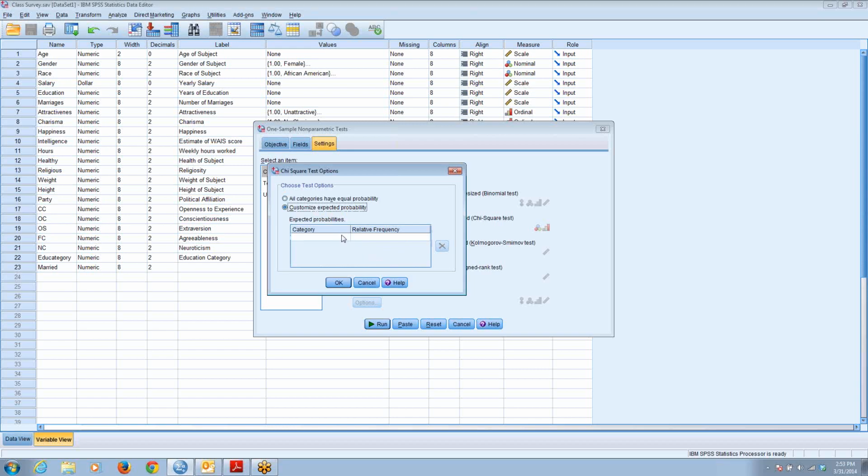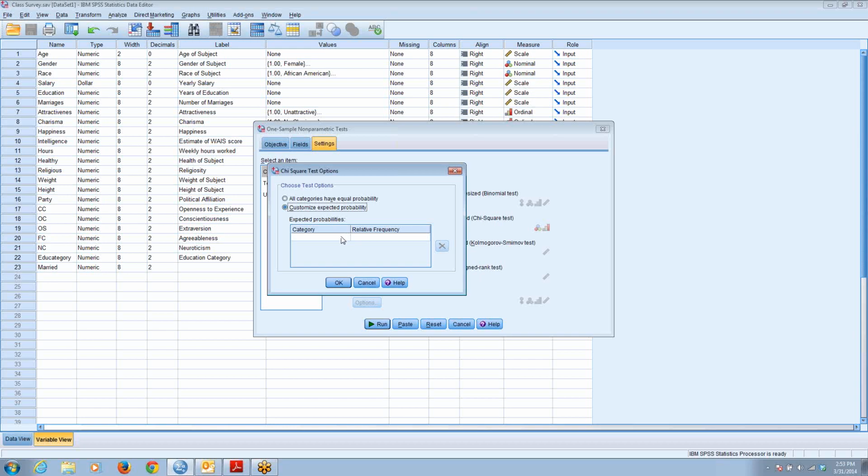Let's say that you want to know if you have a representative sampling of race based on the American society as a whole. So then you would have to find out from census data what percentage of the population is African American, Latino, Asian, white, and so on.